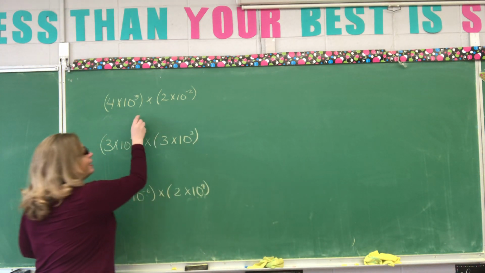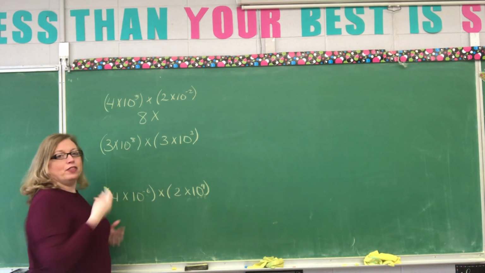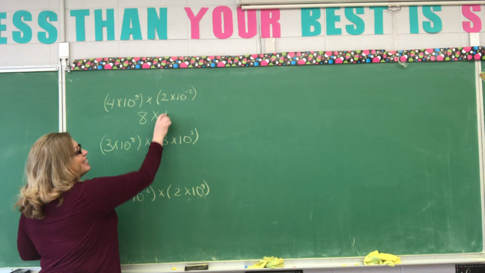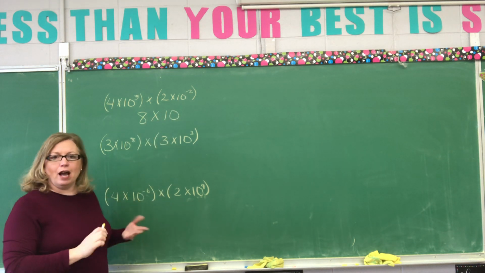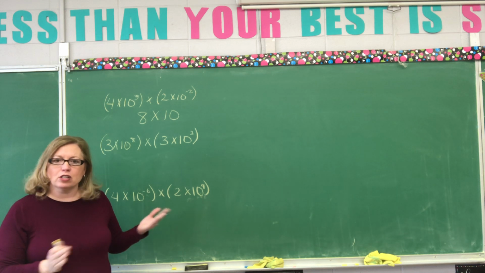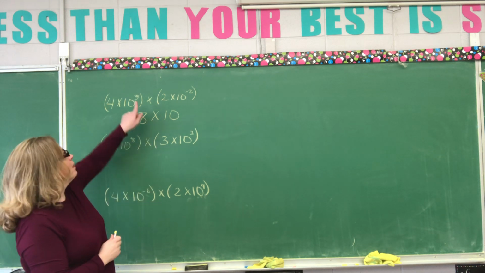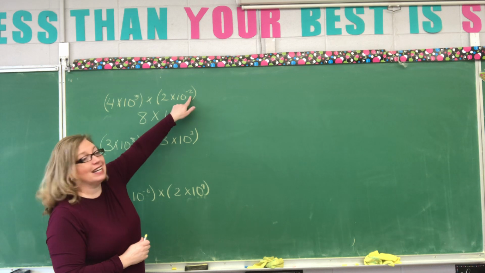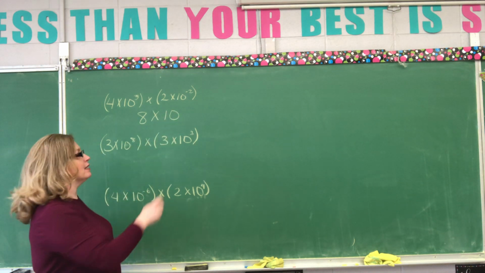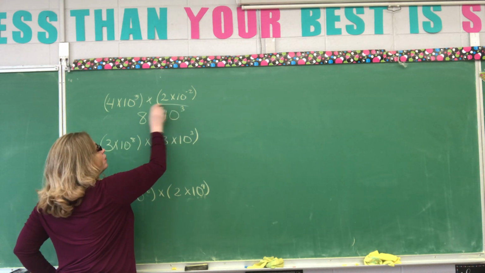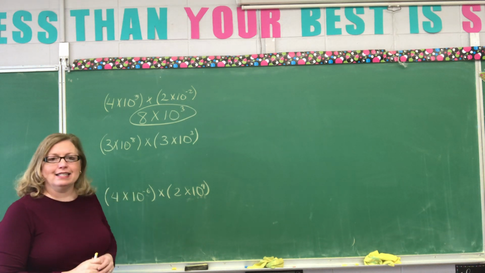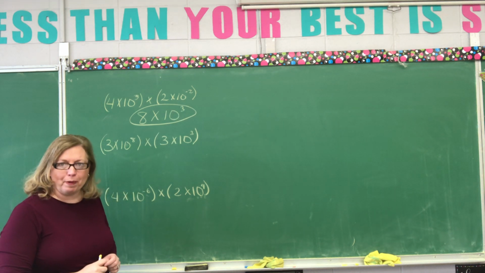So we're going to write our 8 down. Now we know that this is in powers of 10, so we're going to write times 10. Now we have to decide what the power is. Simply add your exponents. Positive 5 plus a negative 2 is a positive 3. So our answer is 8 times 10 to the 3rd power.